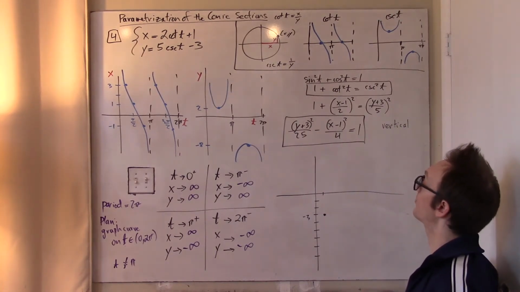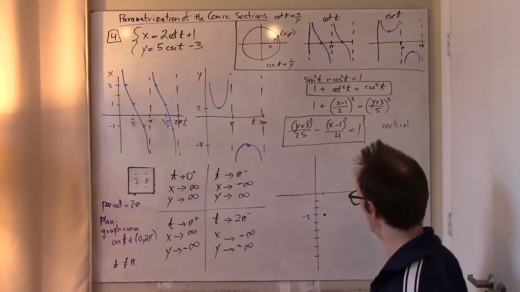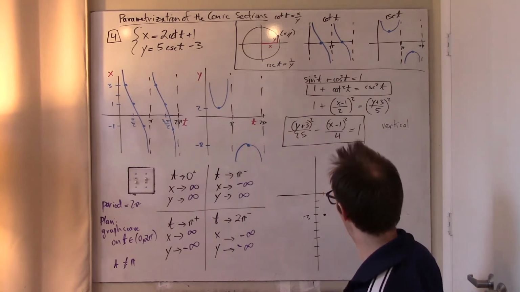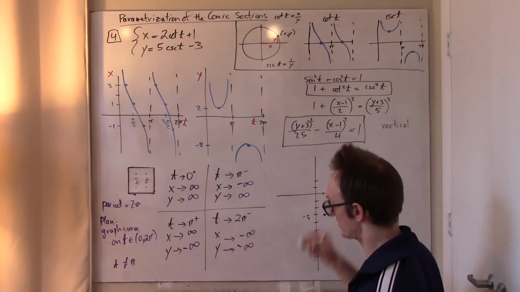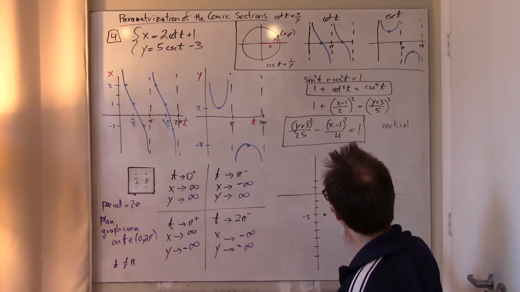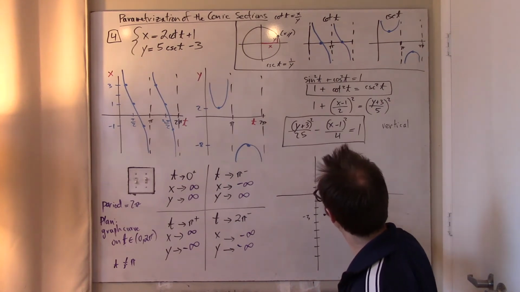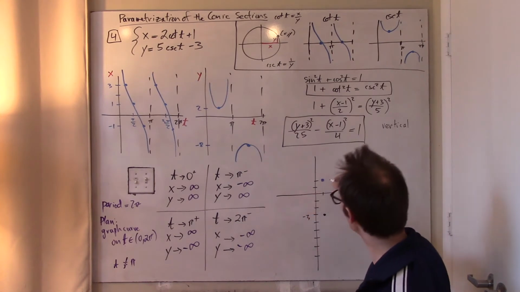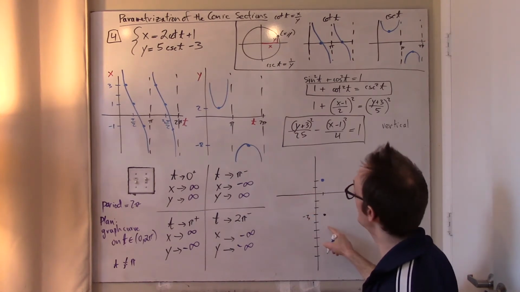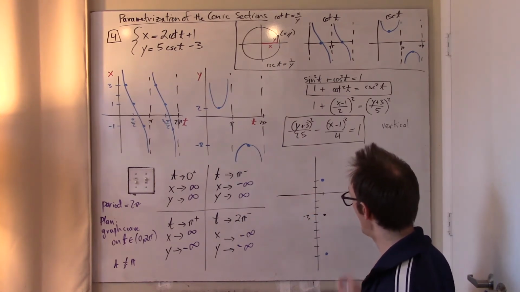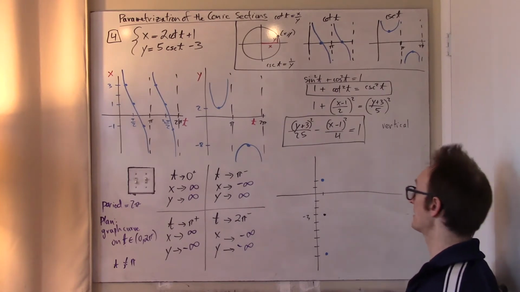And so where are the vertices? They're going to be 5 above and 5 below the center. So there will be one vertex here at (1, 2), and another vertex here at (1, negative 8).